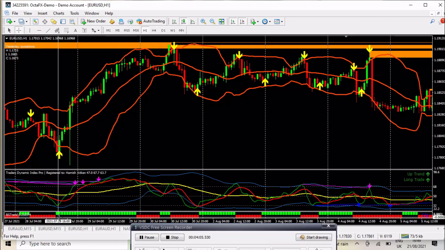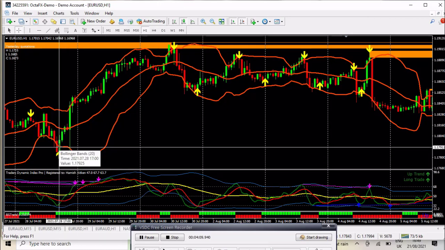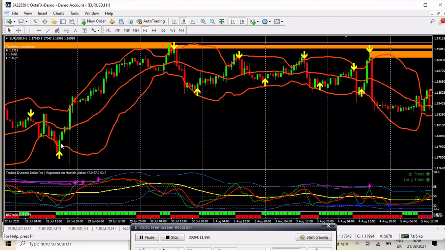Then at this point, you can place your order and ride the trend to the end by using a trailing stop, either manual or automatic.